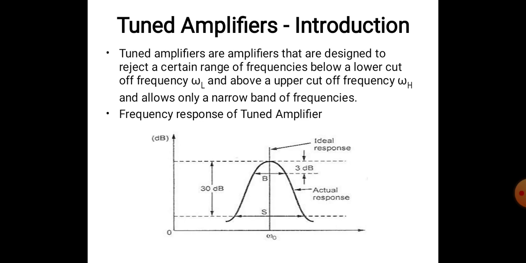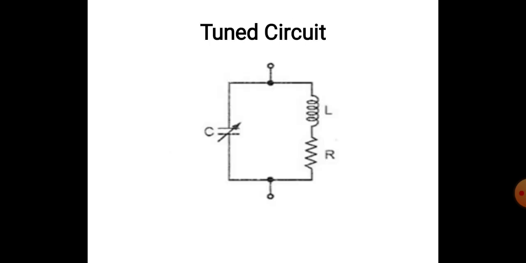Now let us see what a tuned circuit is, and how the normal amplifier is converted to a tuned amplifier. This is the tuned circuit. If this tuned circuit is used as a load instead of a resistance in a normal amplifier, then the amplifier is converted to a tuned amplifier.